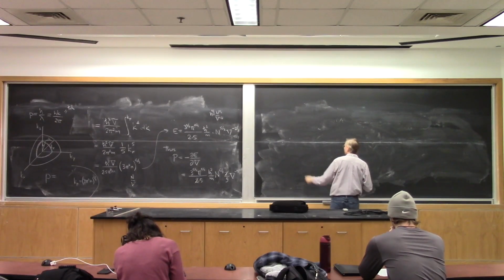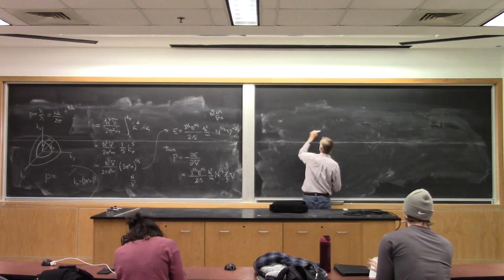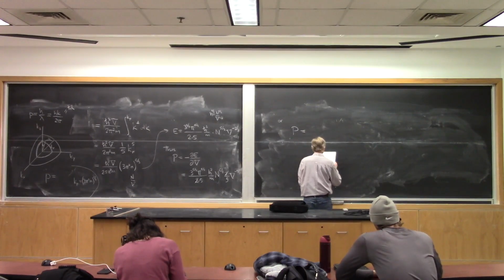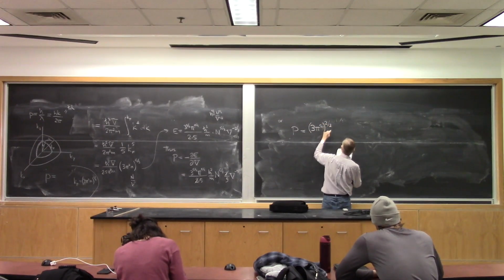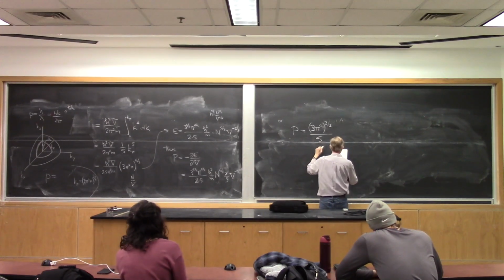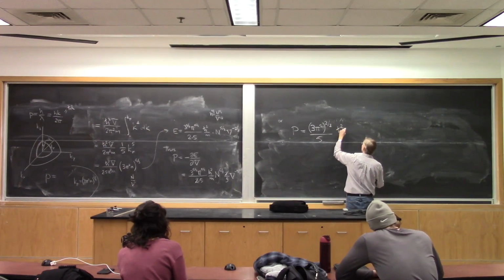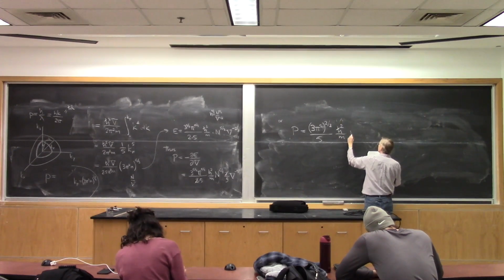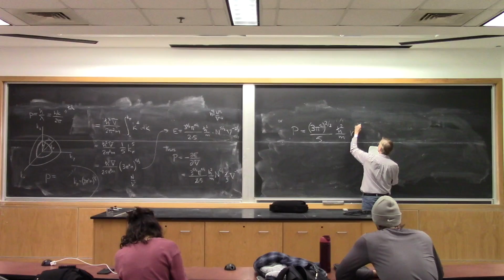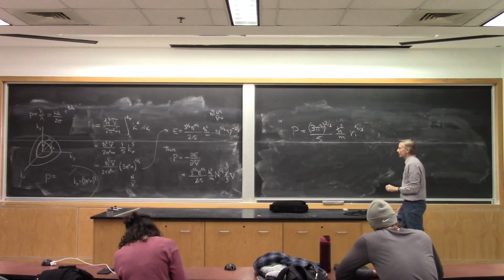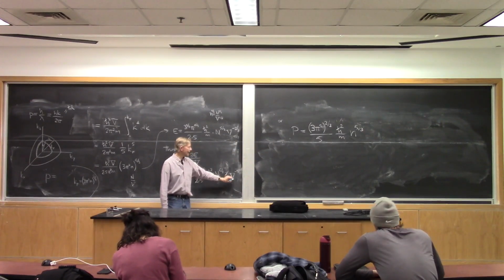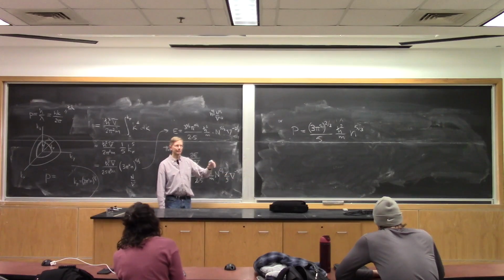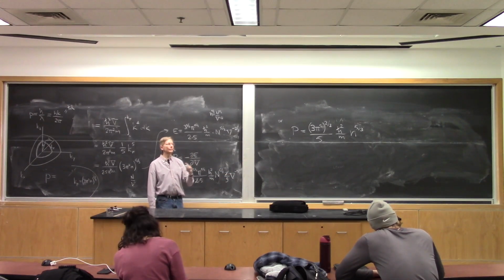And so when I do all that, when I simplify, I get P is equal to 3 pi squared to the 2/3 power divided by 5 times h bar squared over m times, back to the number density, little n to the 5/3, because capital N to the 5/3 over capital V to the 5/3 is number of particles per unit volume all to the power of the 5/3.